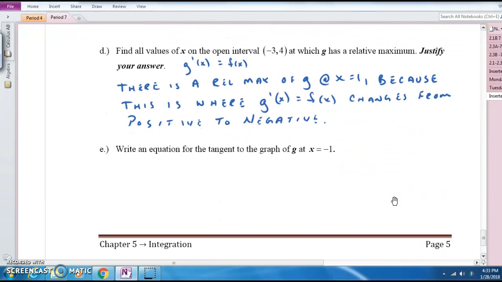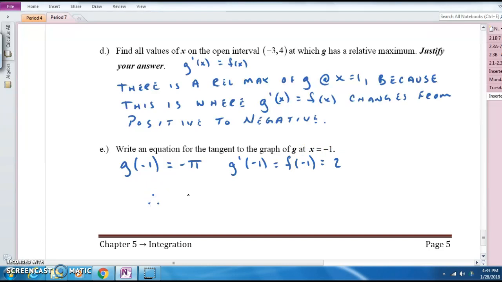Write an equation of the tangent line to the graph of g at x equals negative 1. Well, we need to simplify. G of negative 1 is equal to negative pi, and g prime of negative 1, which is equal to f of negative 1, which is equal to positive 2.